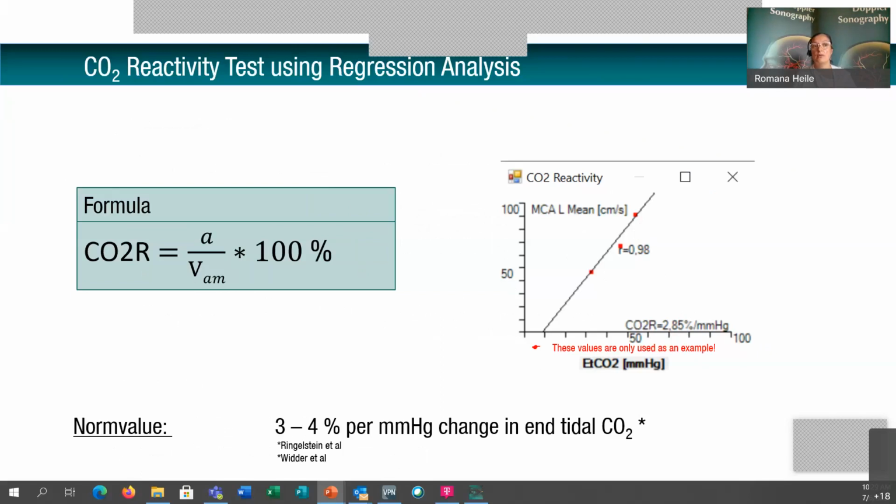So what is normal? What I can find in the literature is that Ringelstein and Widder say that an increase from 3 to 4% in tidal CO2 would be normal. Again, if you are using one of these papers as reference, you have to follow exactly the test procedure as given in the literature in order to compare to normal.